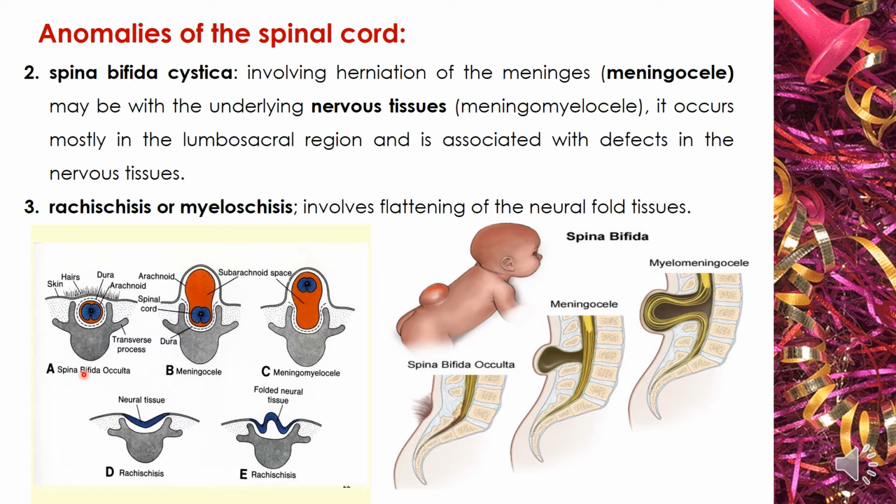Now, the second of the abnormalities of the spinal cord, spina bifida cystica, involves herniation of the meninges. It is called meningocele, or it may involve the underlying nerve tissue, called meningomyelocele.